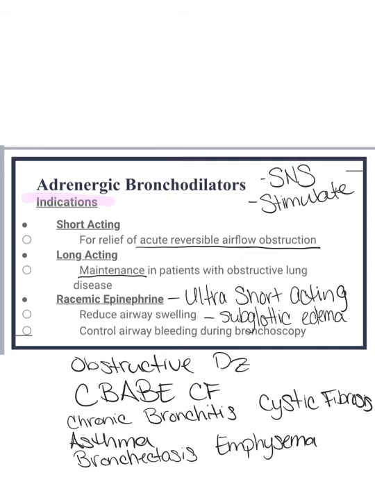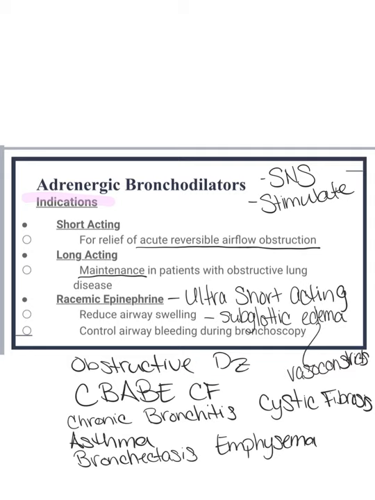So you would put on a cool mist aerosol to help vasoconstrict. But you could also give racemic epinephrine, which also vasoconstricts. It also is used to control airway bleeding during a bronchoscopy.